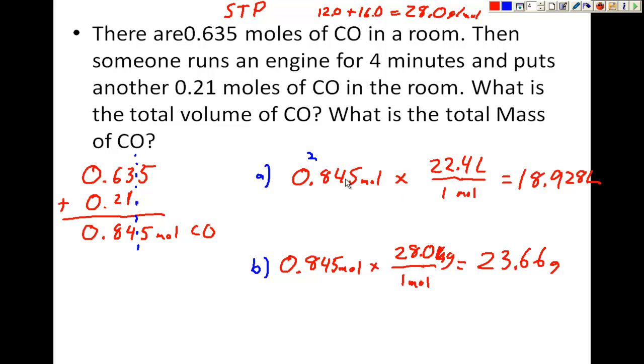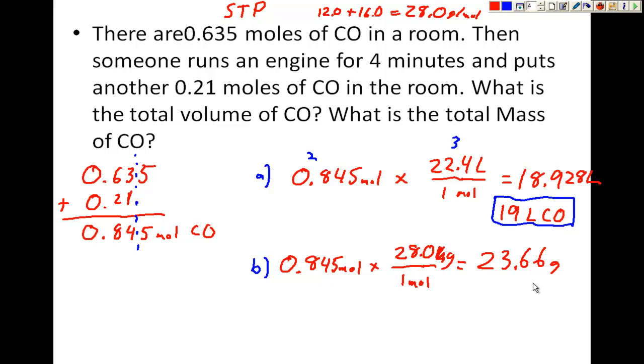This is 2 sig figs, even though I'm kind of writing it as 3, I will just report it later. Now this is 3 sig figs. So my final answer needs to be 2 sig figs. So 18.9 is going to round to 19 liters of carbon monoxide. Again, this is 2 sig figs, even though I wrote down 3.